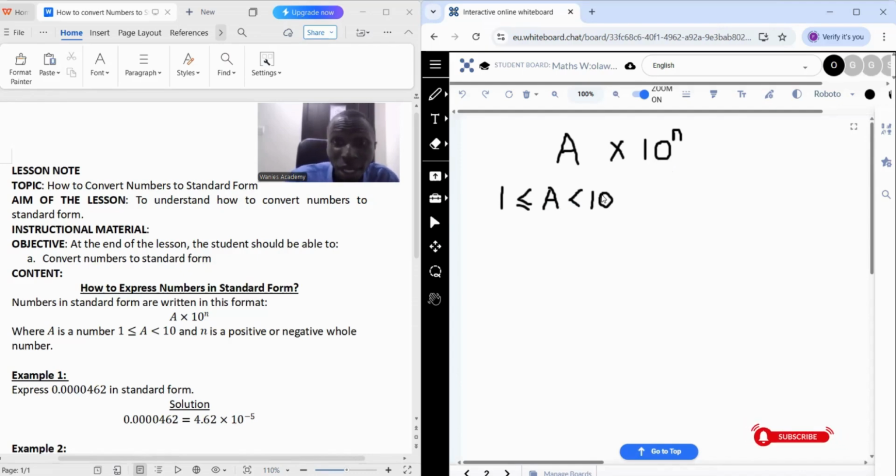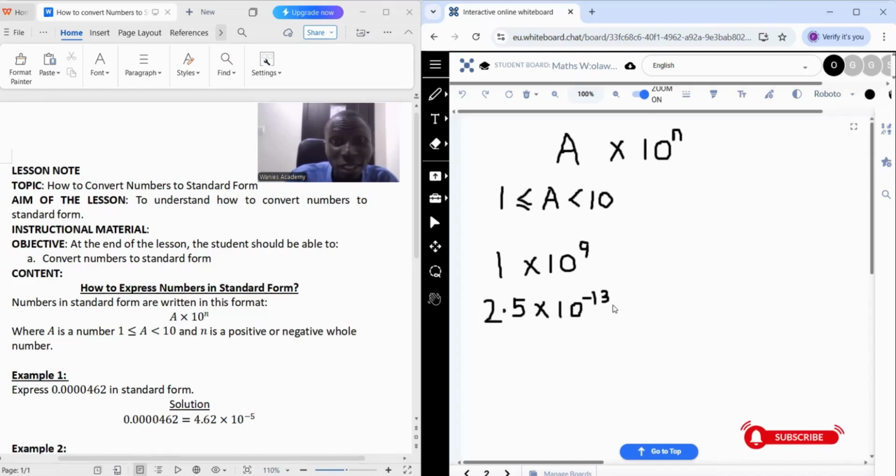So we can have 1 times 10 raised to the power 9 as a number in standard form. We can also have 2.5 times 10 raised to the power minus 13 as a number in standard form.